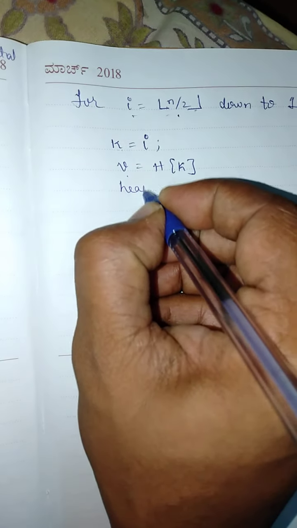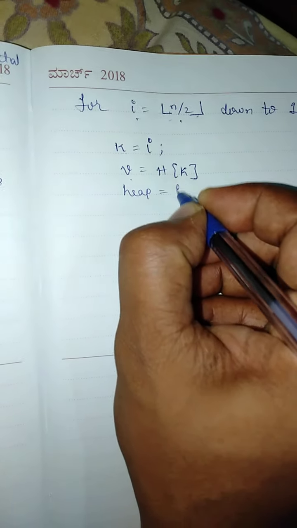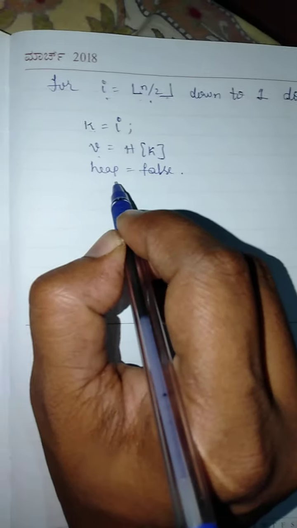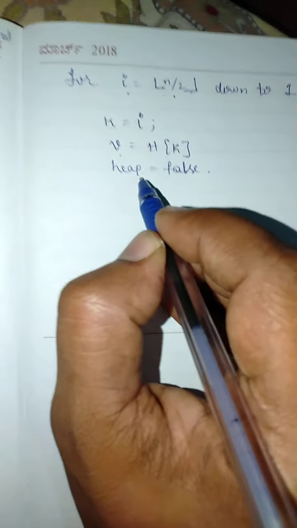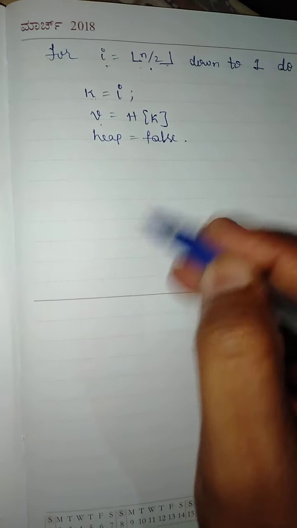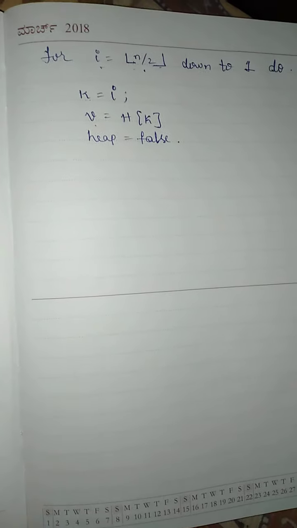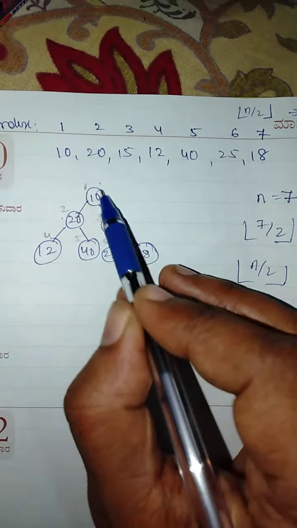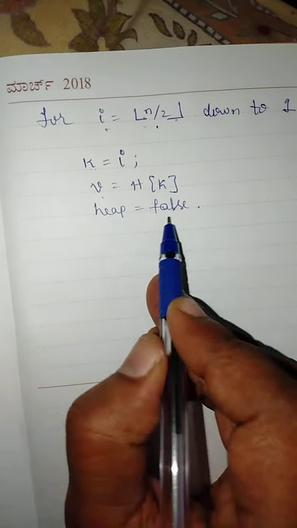Next, we take one more variable called heap, and we initialize it to false. So this variable is required just to know whether all the heaps that we are constructing are actually heaps, which we will come to know when we exactly trace the algorithm for the element at index 1. Okay, right. Heap is equal to false.